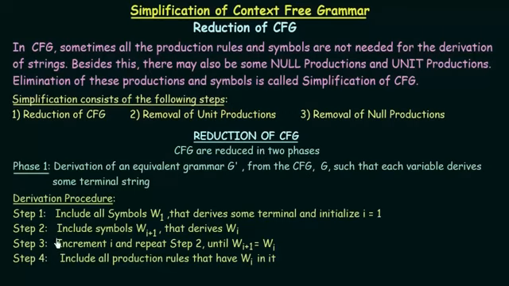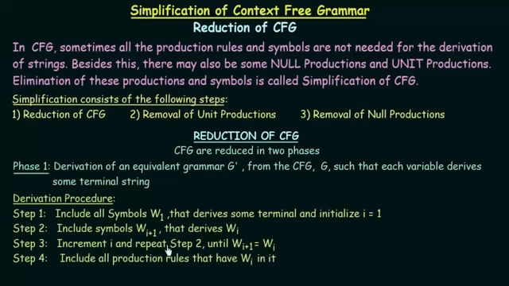Okay, and then in step number 2, we include the symbols Wi plus 1 that derive Wi. So in the previous step we had the set of symbols that derive the terminal symbols, and in the next step we will make another set of symbols which can derive the symbols that were present in the set of the previous step. Alright, and then we will increment i and repeat step 2 until Wi plus 1 equals Wi.